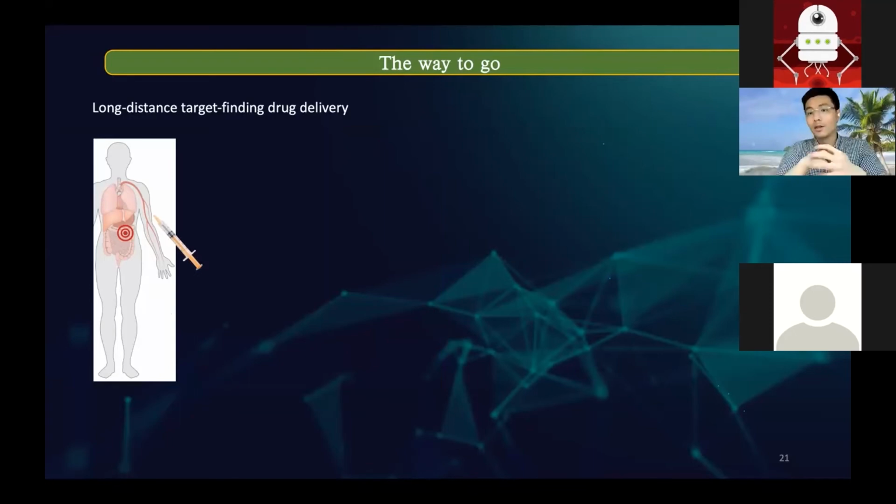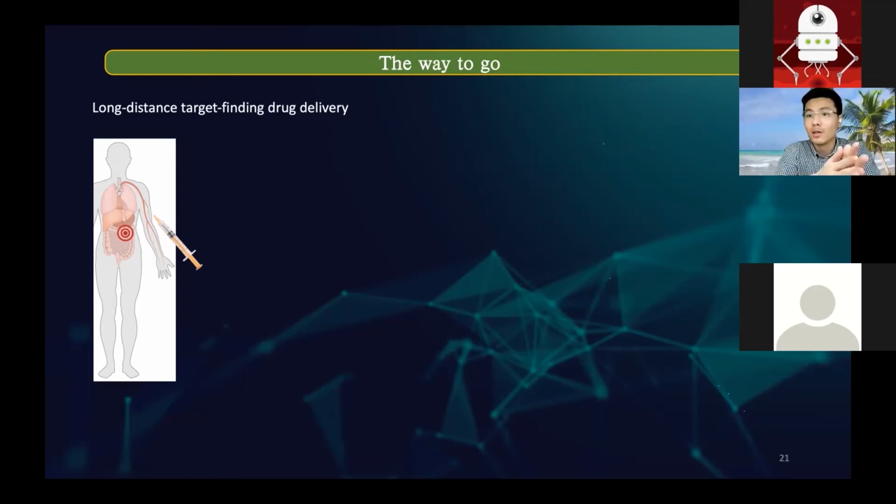However, this is very difficult and almost impossible, because chemotaxis is a short-range effect, normally within 1 millimeter or several hundred micrometers. That means those nanorobots cannot even sense the disease and cannot do long-distance drug delivery.